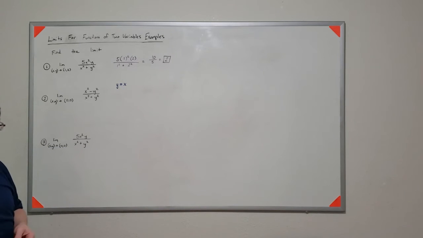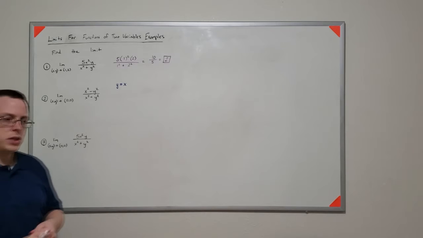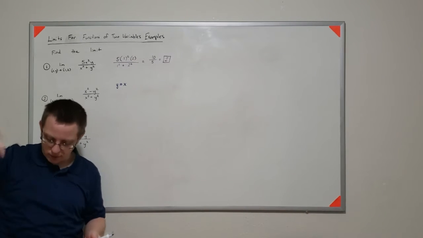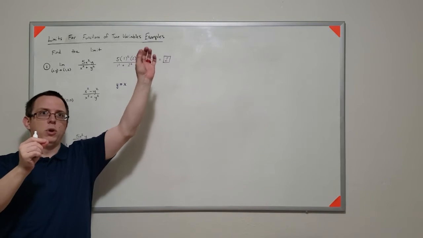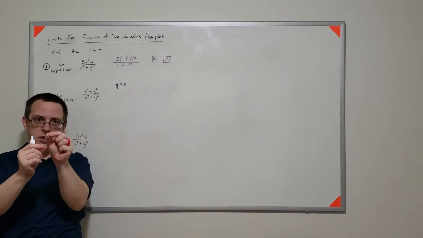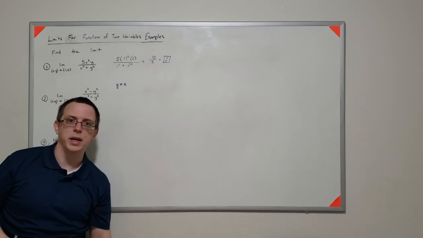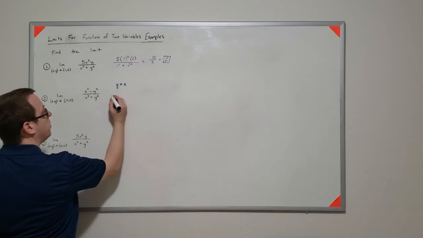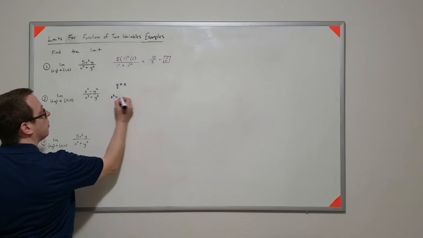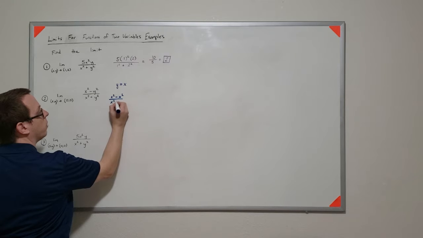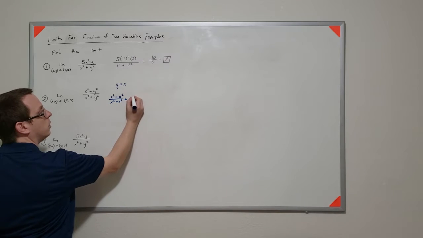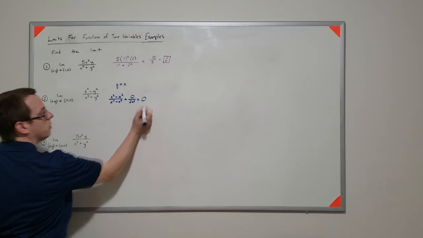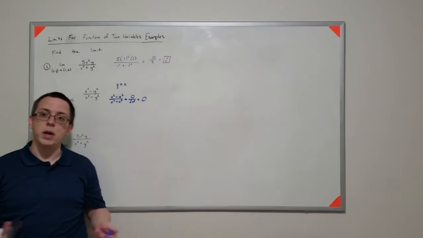Along that path, if the point's the origin, I'm going to follow a path from 10, 10, 9, 9, 8, 8, 7, 7, 6, 6, and I keep going till I get to 0, 0. That would give me x squared minus x squared over x squared plus x squared, which is 0 over 2x squared, which is 0. So you might say to yourself, okay, the limit is 0.